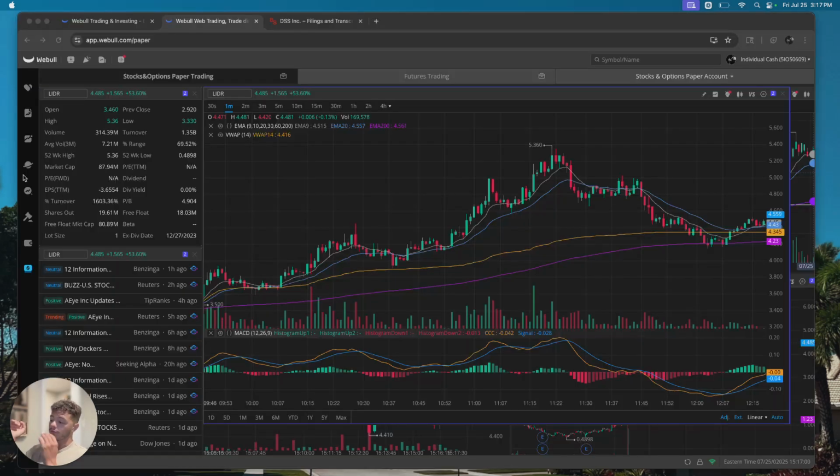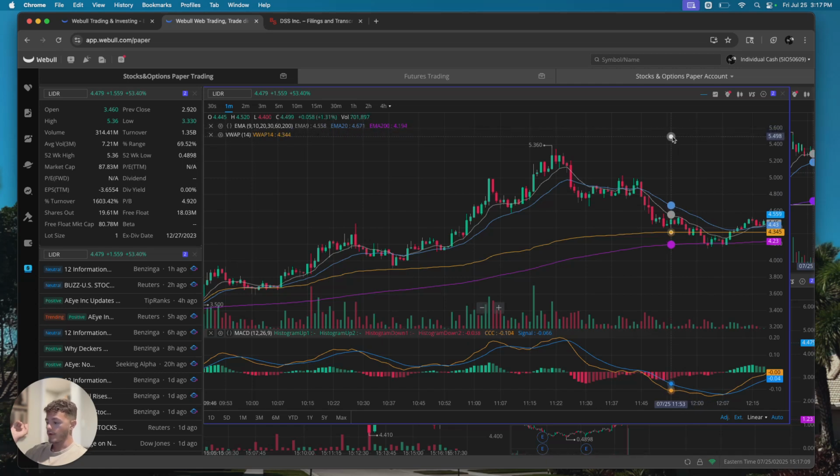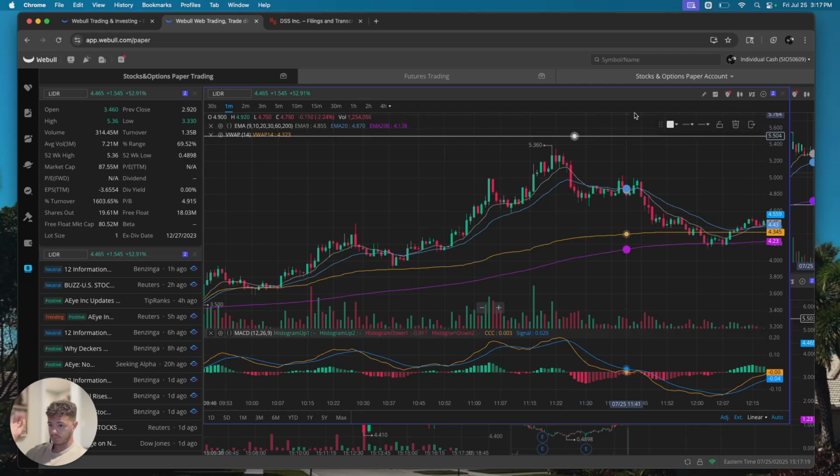All right, so we're going to look at a fresh one, LIDR. What's one thing that is true about these stocks? They move in conjunction with support and resistance levels at the half and whole dollar. So, 5.50, for example, is a 50 cent support and resistance level, whereas $5 on the whole dollar is as well.